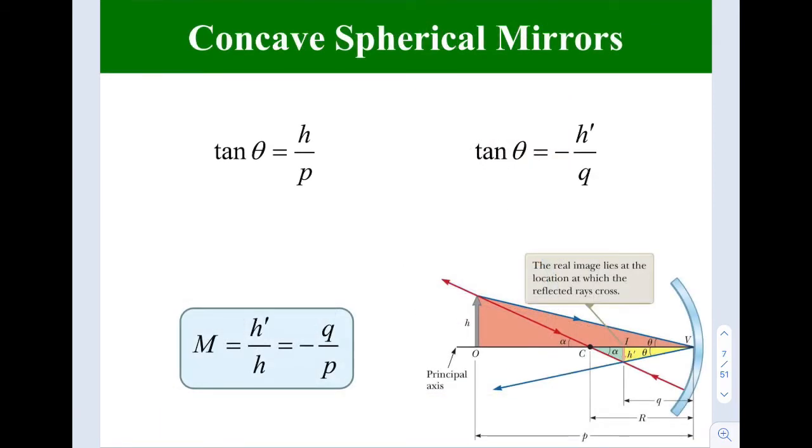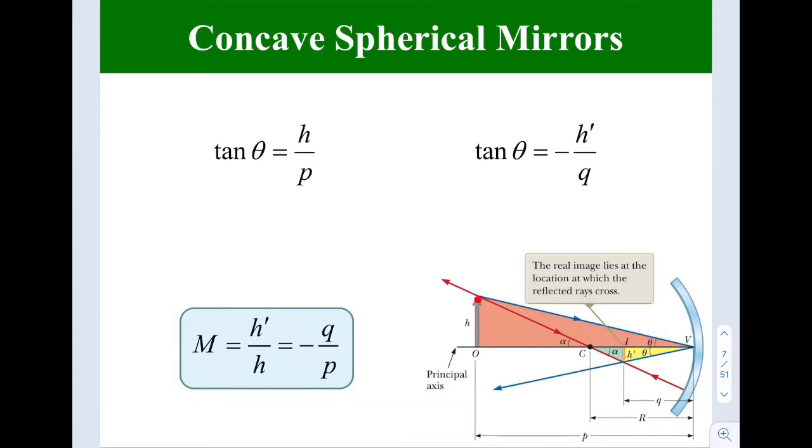So let's examine this figure where we have a concave mirror, and the object is placed here having height h. The first ray passes through the center of curvature, is projected onto the mirror, and then reflected back, passing through the center again. The second ray is the paraxial ray.